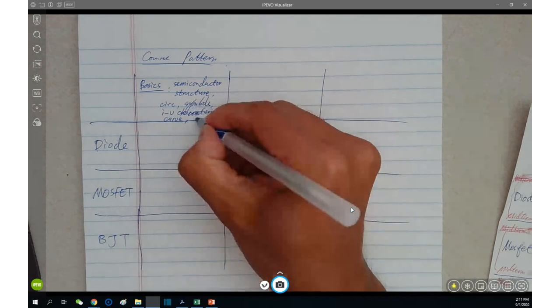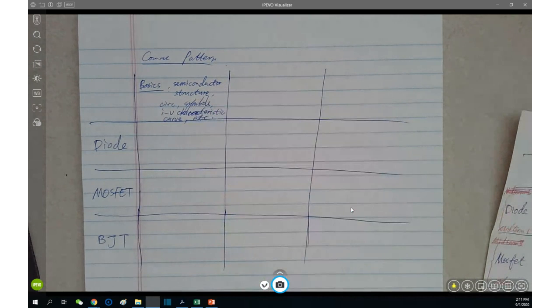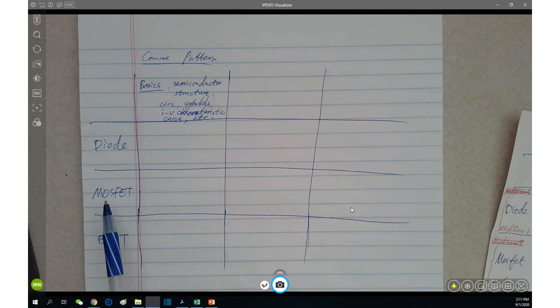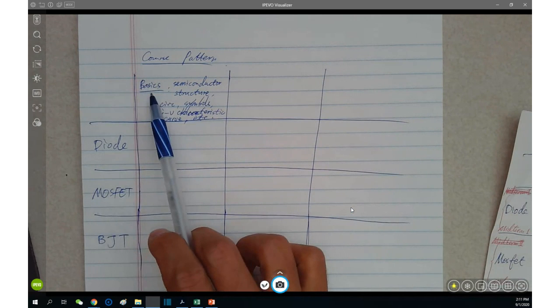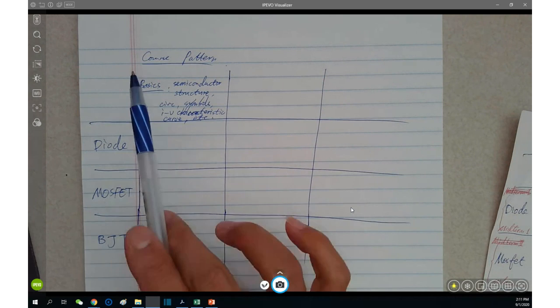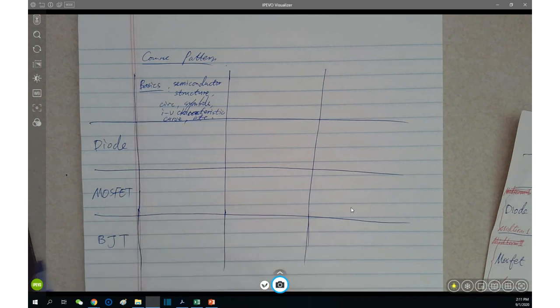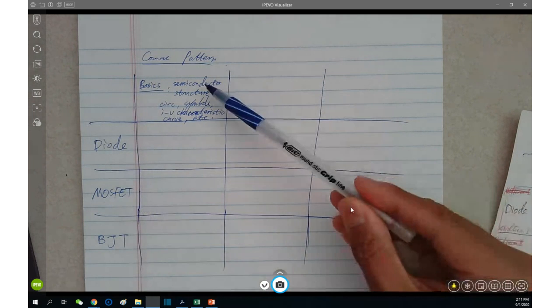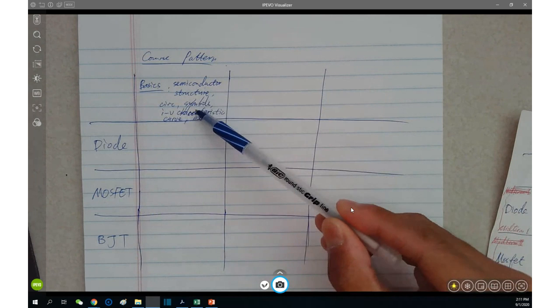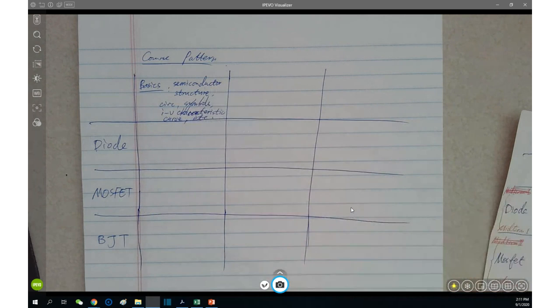So learn the basics of the diode, and when we reach the modules for MOSFET, we will also begin with the basics of the MOSFET. And the last, when we reach the BJT module, we also begin with the basics of the BJT. Almost the same content: semiconductor structures, circuit symbols, followed by IV curves, these basics. Okay.